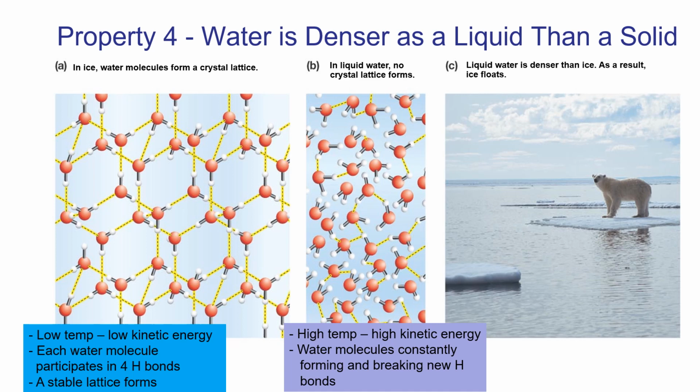The next unique property of water is kind of a strange one. Most substances, when they go from liquid to solid, they shrink. They become more dense, so those atoms are packed into a smaller volume. So for instance, mercury, like we just talked about briefly, is an element, a metal.